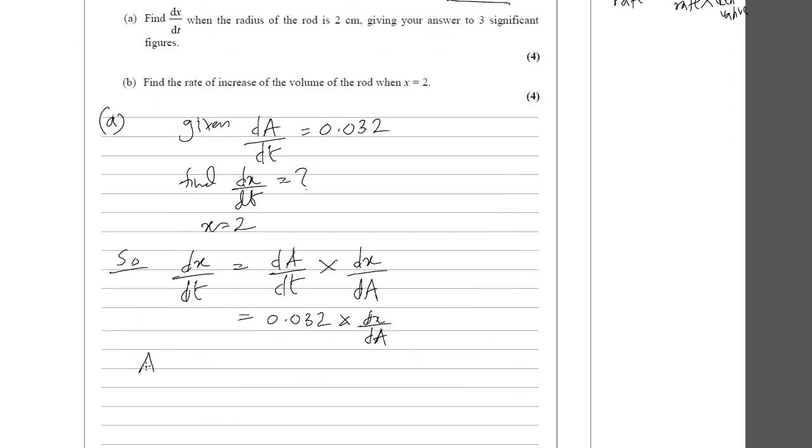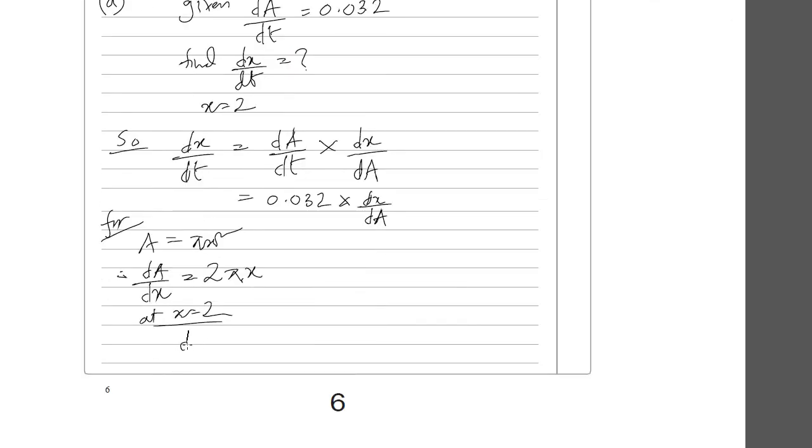So let me write down the formula for the area of a circle. It's a good idea to give a structure: pi x squared, that's the area of a circle with radius x. If I differentiate this, dA by dx is pi into 2, which is 2 pi x. Now it was given that x equals 2, so I can find the value at x equals 2. dA by dx equals 2 pi times 2, which is 4 pi.